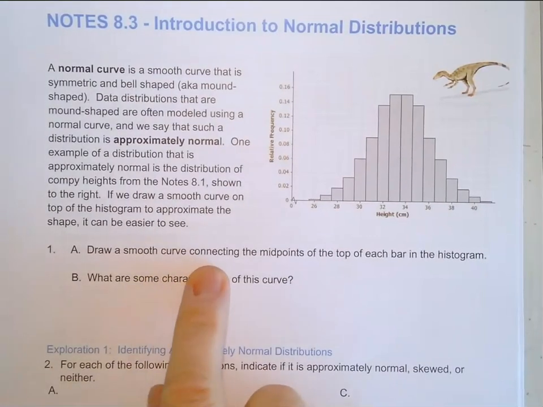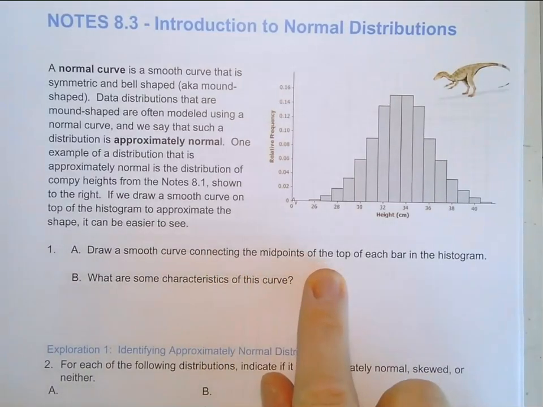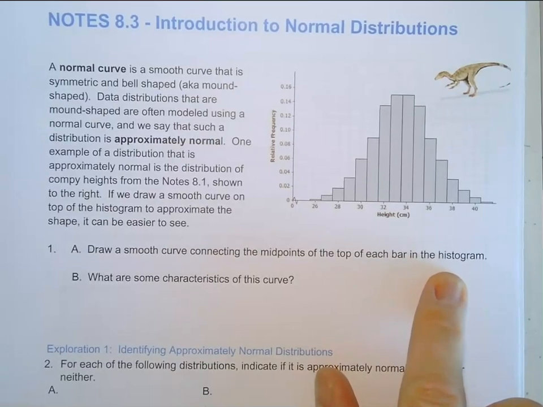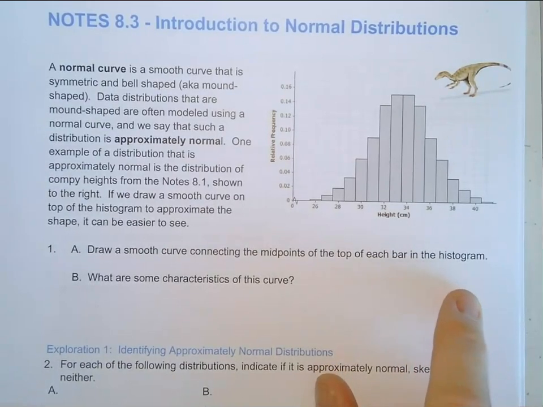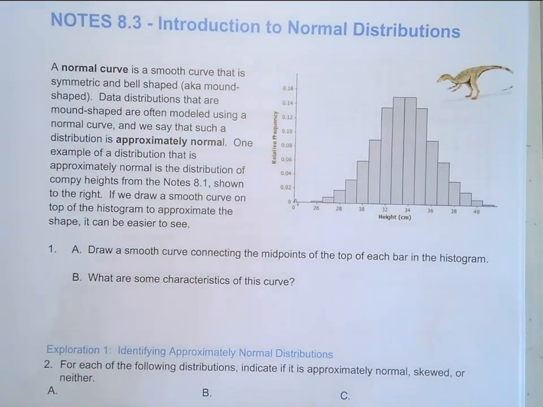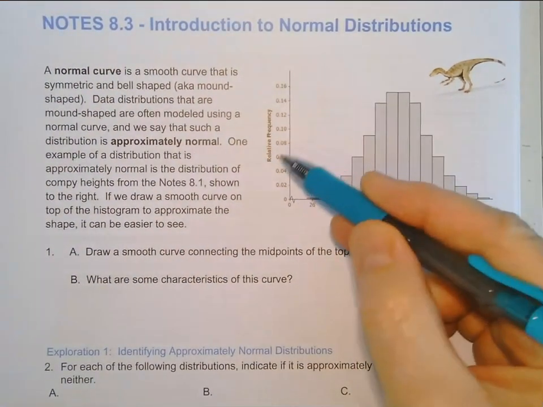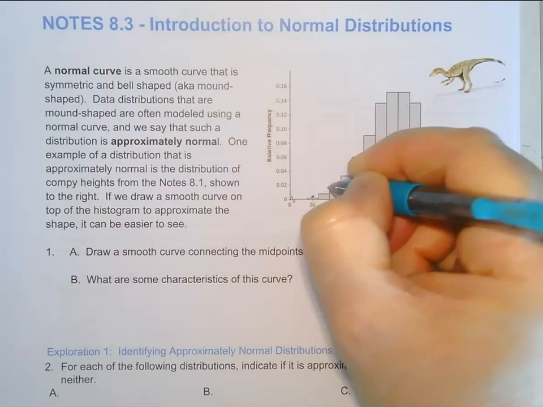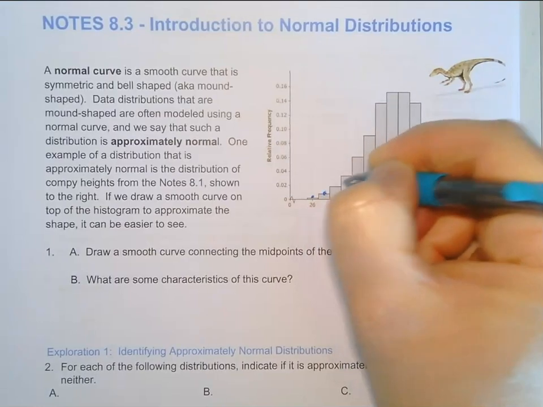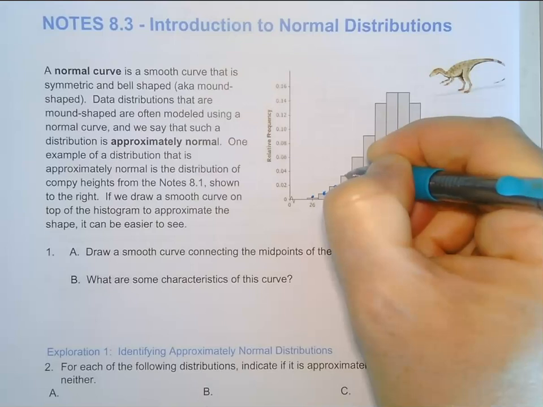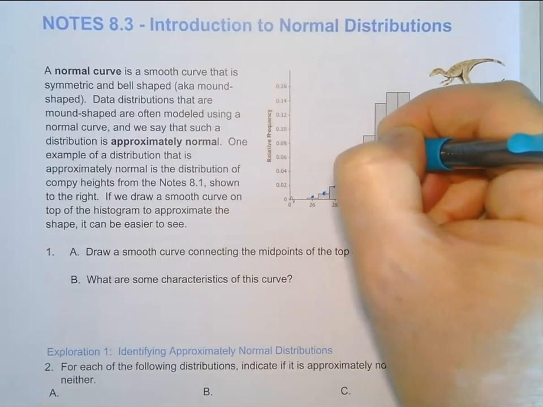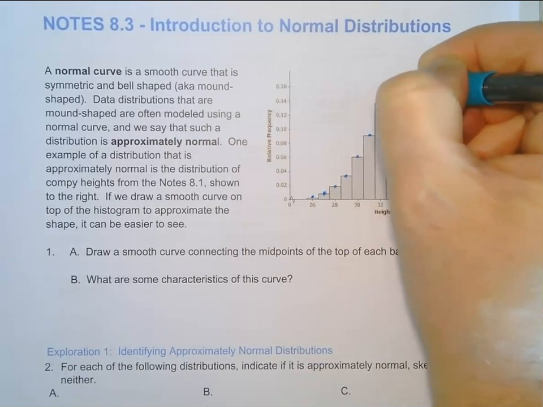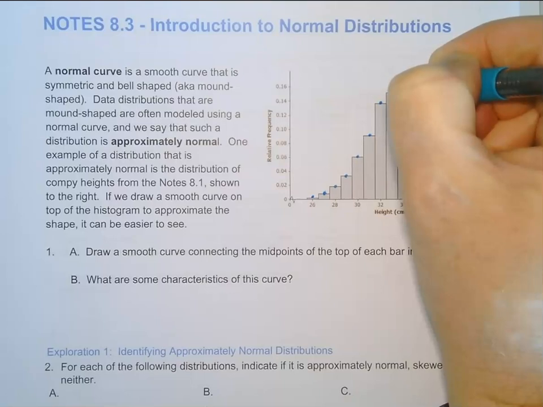It says here, draw a smooth curve connecting the midpoints of the top of each bar in the histogram. So I'm going to do that first. So I'll just go in, and at the top, there's a histogram, which shows your relative frequency as percents here. And at the midpoint, at the top of each of these, I'll just draw a little dot. So there we go.